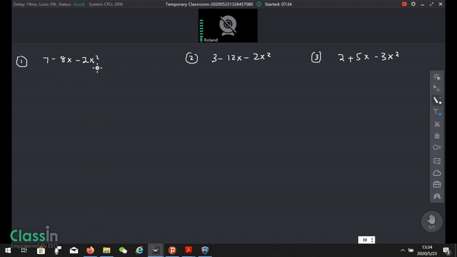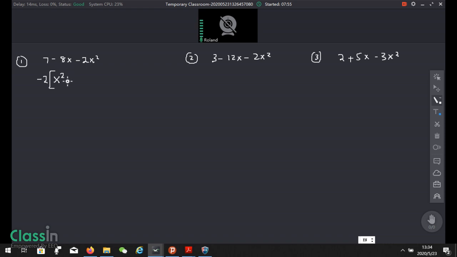We can see that the coefficient of x squared is not 1. It's actually negative 2. So we can factorize negative 2 out. If we factorize negative 2 out, negative 2x squared becomes x squared, because when we multiply by negative 2, we get negative 2x squared.